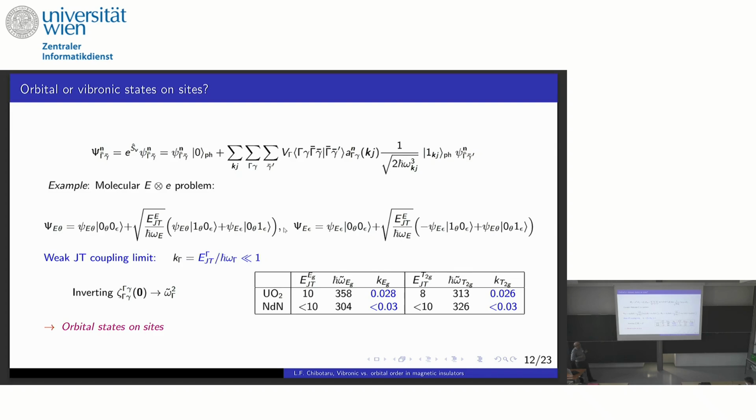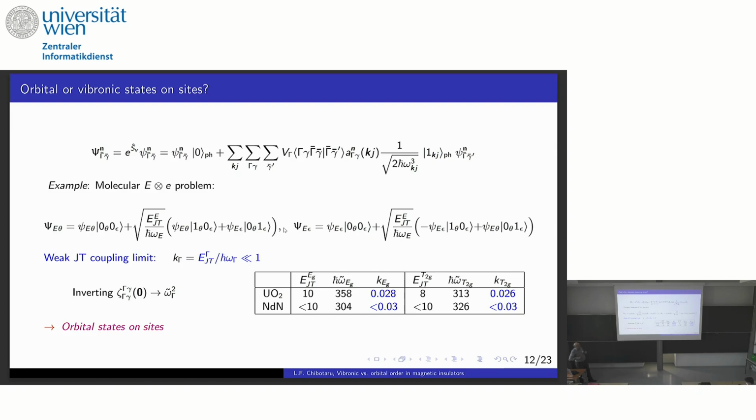If this ratio, the Jahn-Teller stabilization energy to the frequency quantum, is smaller than 1, then we have the limit of weak Jahn-Teller coupling. We can estimate this effective omega gamma by inverting the zeta matrix.